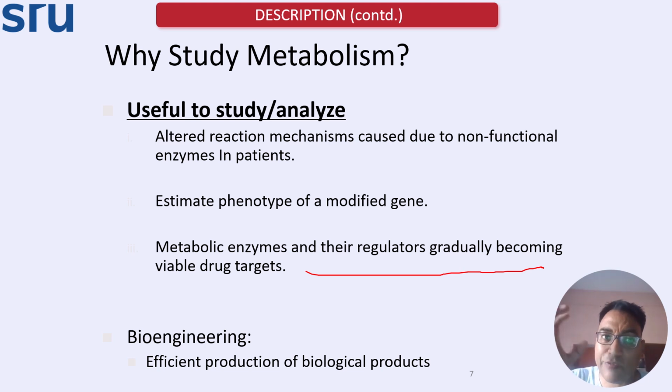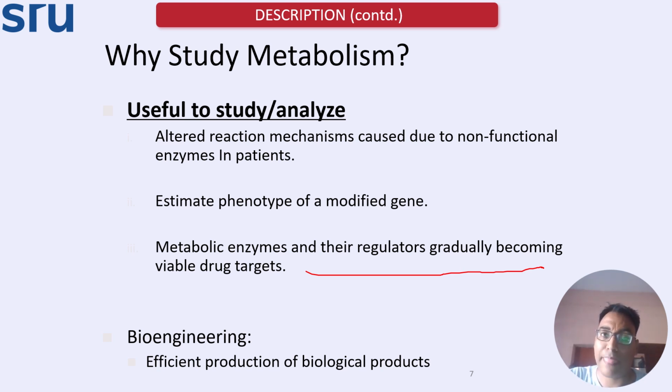So for all this efficient production of biological products, the complete metabolic networking is very essential. I should be able to build the reaction mechanism, integrate all the enzymes and all the metabolites coming into the picture, then build a computational model.